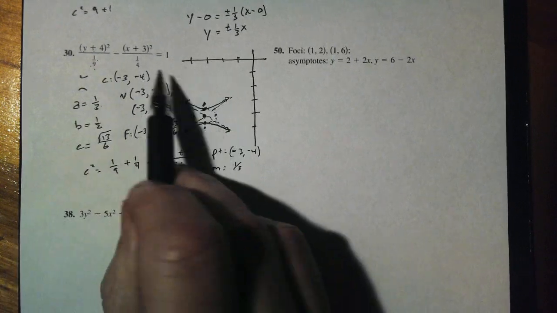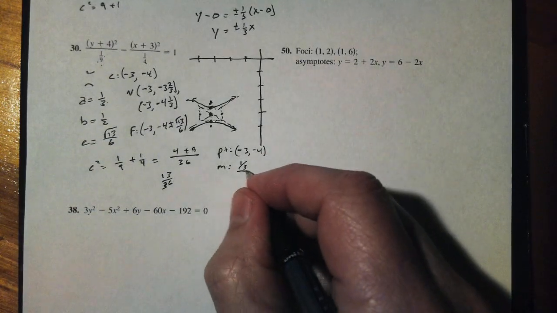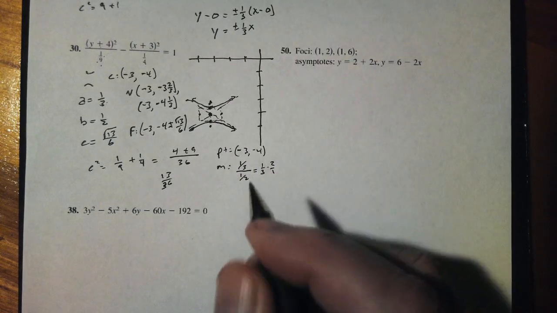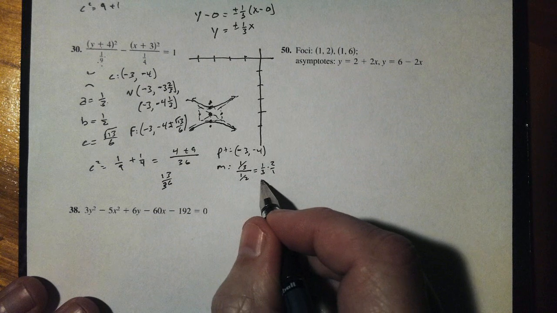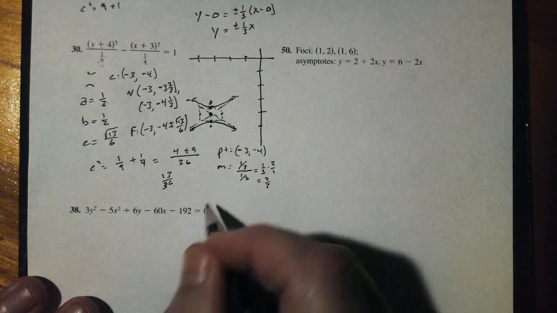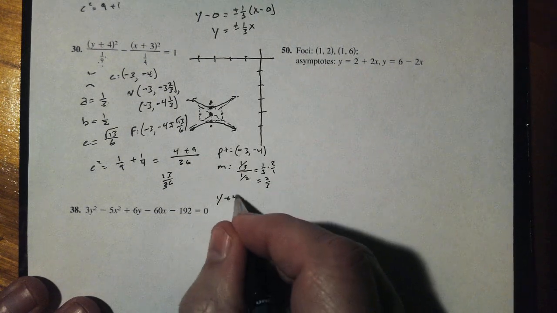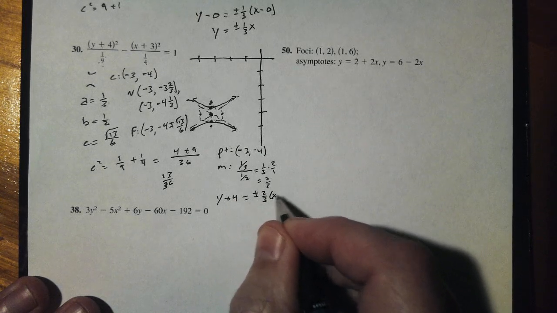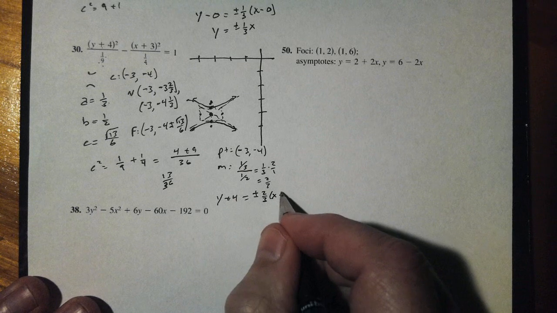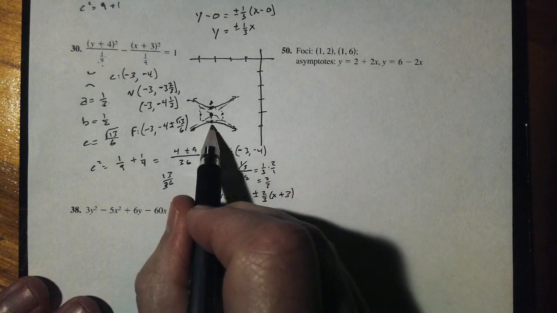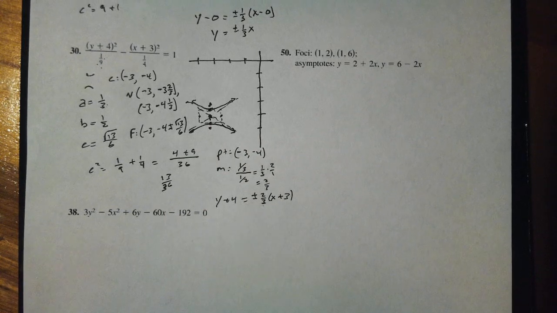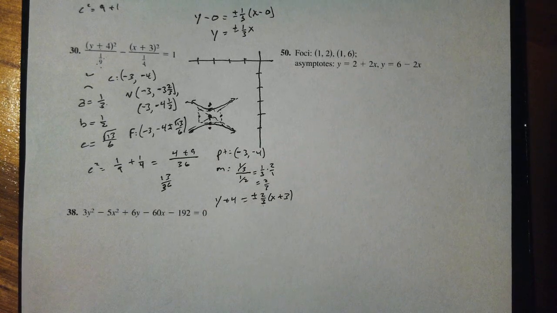My x change, I run 1/2, so 1/3 over 1/2, which is 1/3 times 2 on 1, 2/3. So our equation is y minus the y coordinate equals slope plus or minus 2/3 times x minus the x coordinate, because of course these lines go down just as far, over just as far, thus the plus or minus. Okay, hope that made sense.